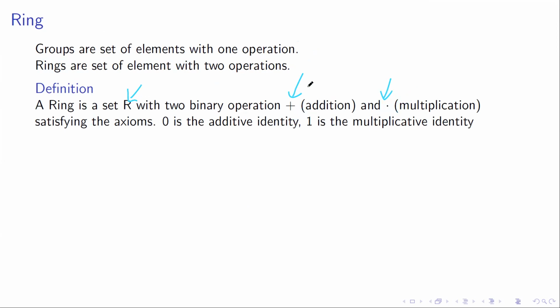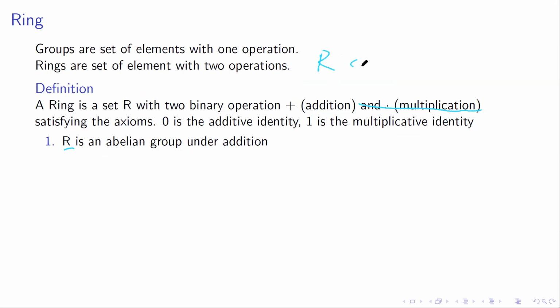But for easier understanding and simplicity, we just use addition and multiplication symbols. And we denote 0 as the additive identity and 1 as the multiplicative identity. And first, R must be an abelian group under addition. So if we take out the multiplication, the ring R is an abelian group under addition.